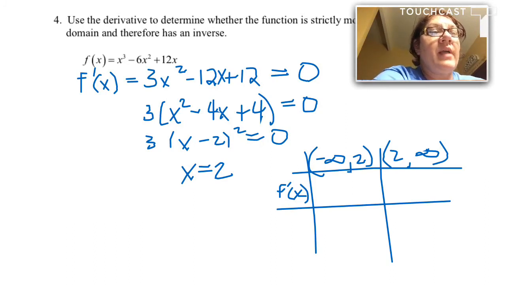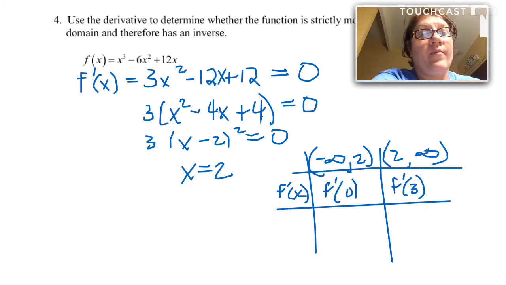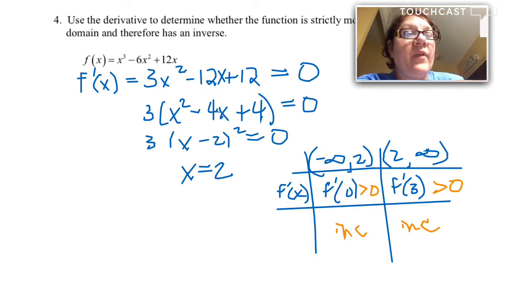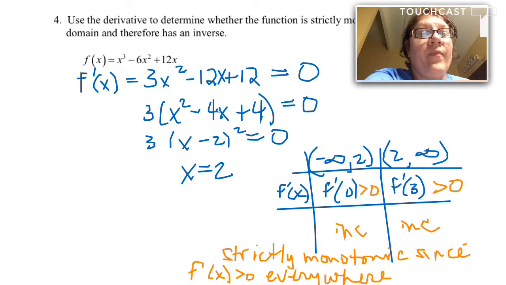Something's happening at 2, I'm not sure what, so I'll try some values. If I find the slope using 0, it turns out positive. If I find it at 3, it turns out positive. So increasing, increasing. Since it's increasing everywhere, it's strictly monotonic, which then means it has an inverse. And they didn't even ask me to find it.